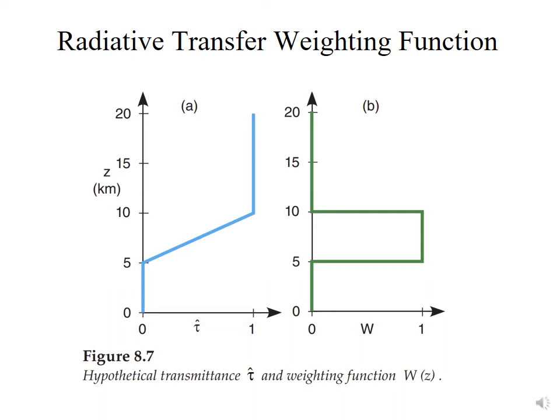The interesting region is between 5 and 10 kilometers, where the transmittance of the atmosphere changes. In this case, it changes in a linear manner. And it goes from essentially being completely absorbed to being completely transmitted. And it's that region of the atmosphere where a satellite can actually make useful measurements about the atmosphere.